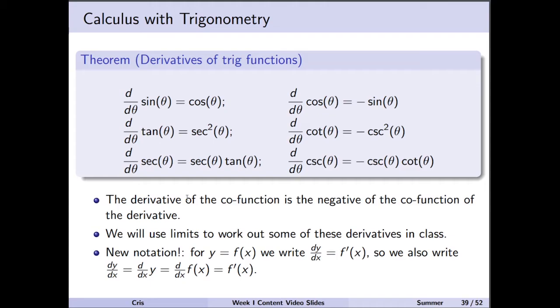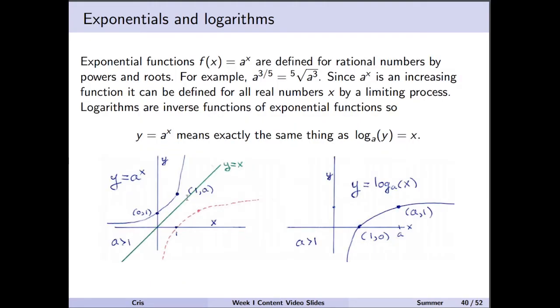Besides trig functions, we're also going to be using exponential functions and logarithms. Actually, it takes a little bit of work to give a completely rigorous definition of an exponential function. So I won't say too much about that right here, but I'll explain the main point. Exponential functions are some constant base, a, to a variable x.